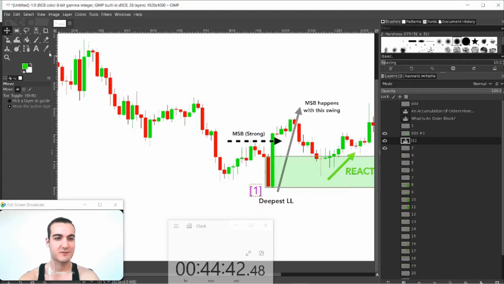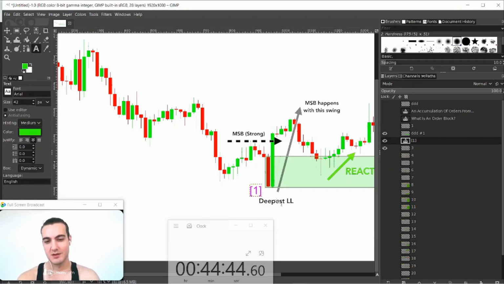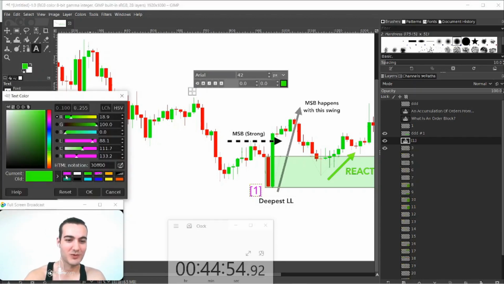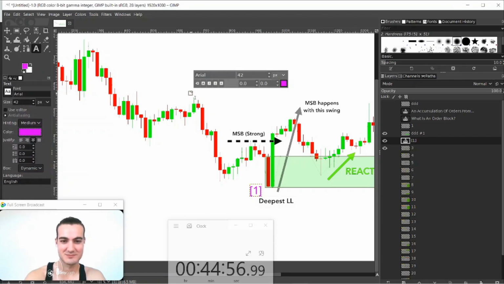Point 1, identify the lowest low. Point 2, identify the high that preceded the lowest low. Why is it still green? Okay. Point 2.